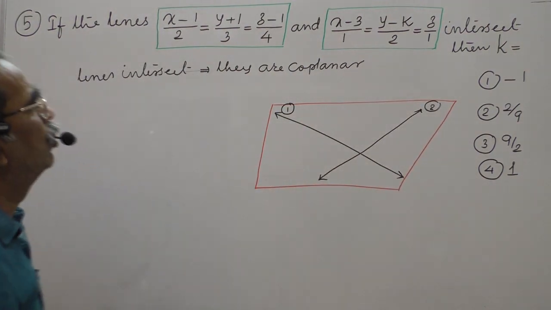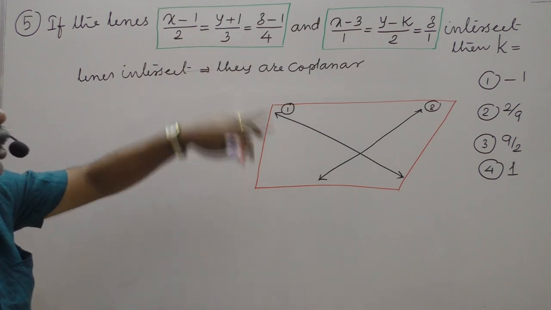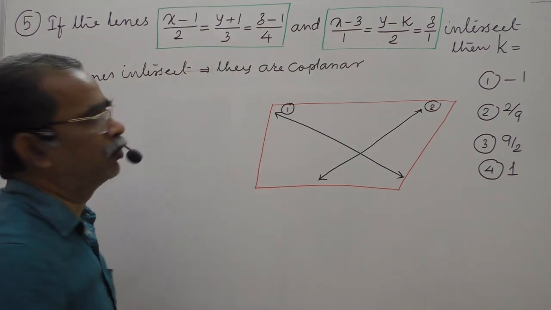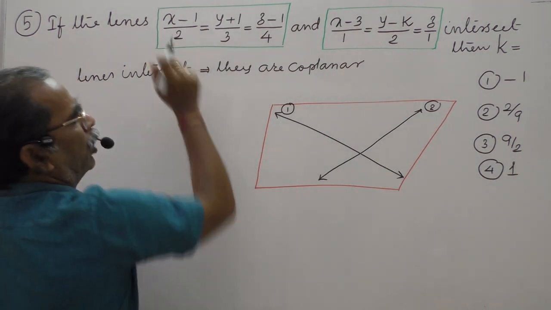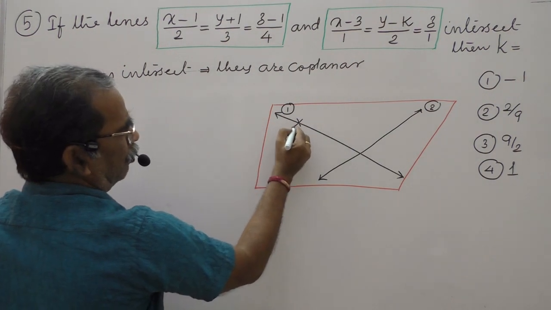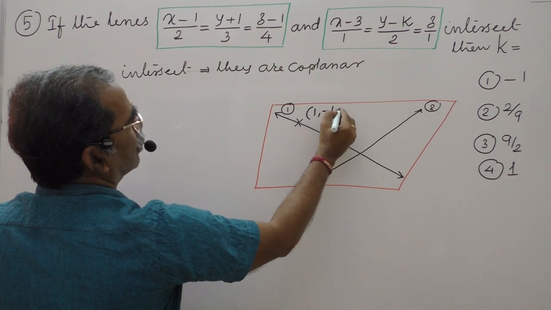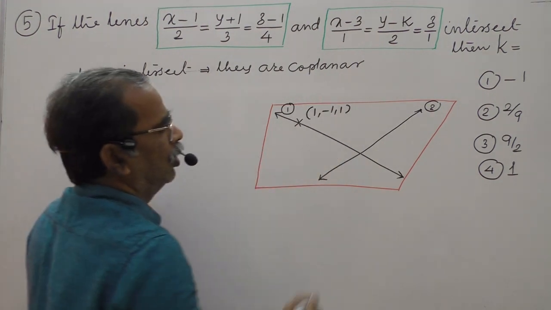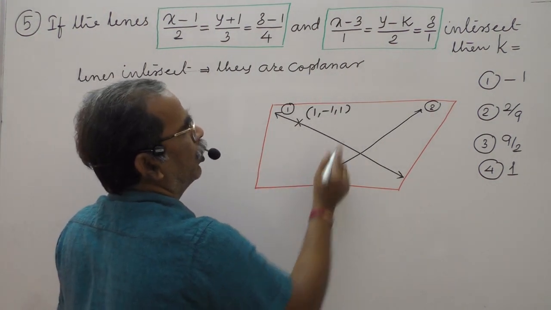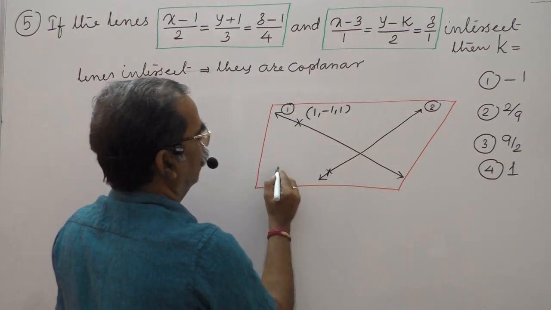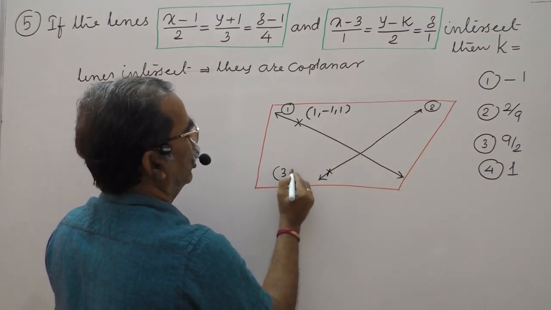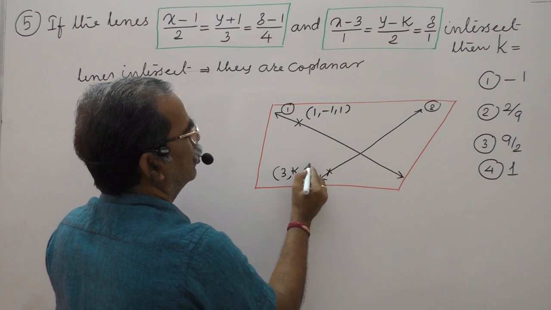Now see. Both the lines are given in symmetric form. Therefore, I can find a point on the first line. This point is 1, minus 1, 1. Also, I can find a point on the second line. This point is 3, k, 0.